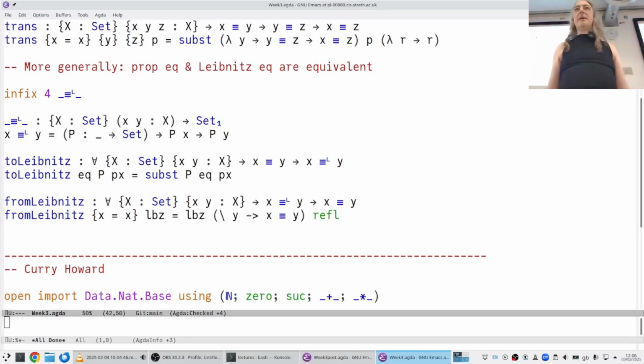cool stuff. So I don't know if you remember back in semester 2 of first year, somebody may have taught you natural deduction, and they will have taught you that proof goes from assumptions working forwards.